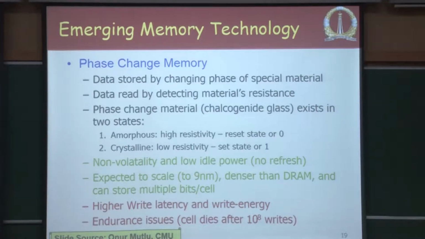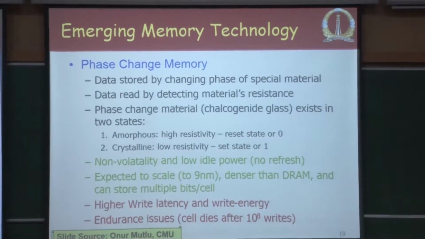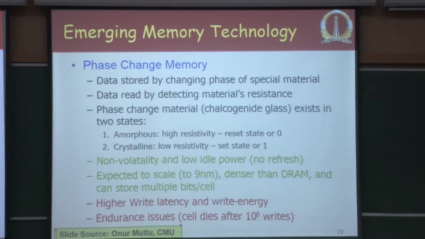So, it has the property of non-volatility, that means that even when the power goes, it will remain in whatever state it was earlier, and therefore, the data is retained, and it does not have any leakage energy or leakage power, and it also does not require refresh.